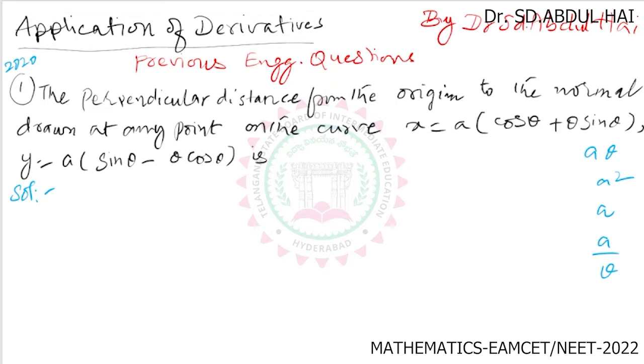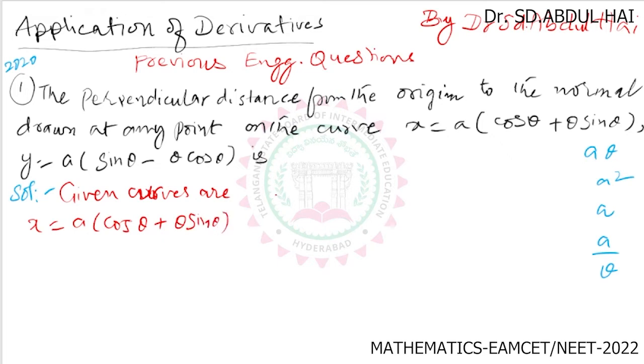So I am doing parametric differentiation with respect to theta. Given curves are: first one is x = a(cos theta + theta sin theta), and second one is y = a(sin theta - theta cos theta).